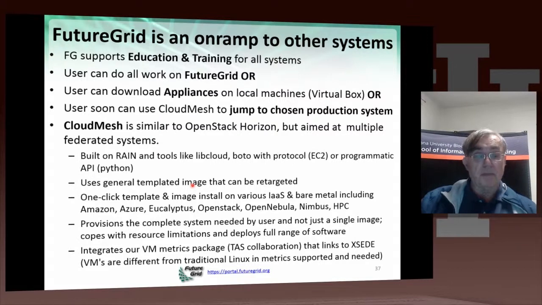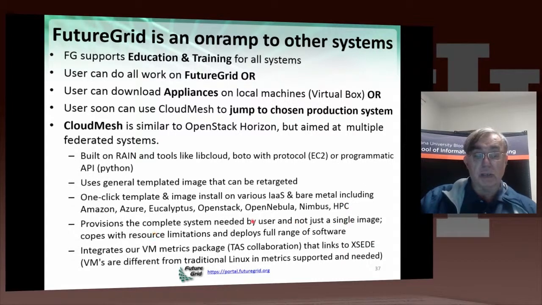And once you have a templated image, it's a lot easier to retarget it because you don't actually edit the bits and bytes. You just take the same specification and generate it appropriately for the different environments, which could include Amazon, Azure, Google Compute Engine, Eucalyptus, OpenStack, or even just bare metal, HPC.